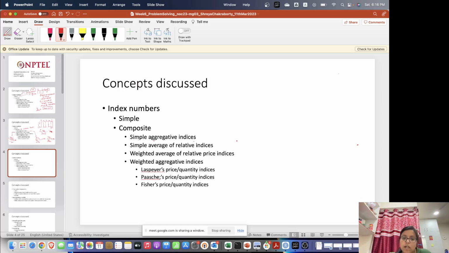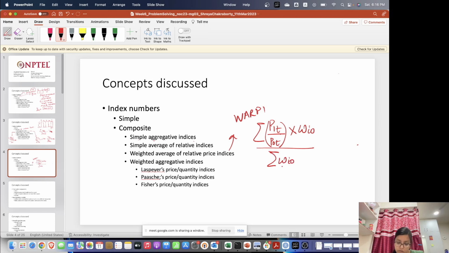So this one was referred to as the weighted average of relative price indices, which was nothing but summation P1T by P0T, the relative price indices, into some weight, divided by the total summation of weights into 100.